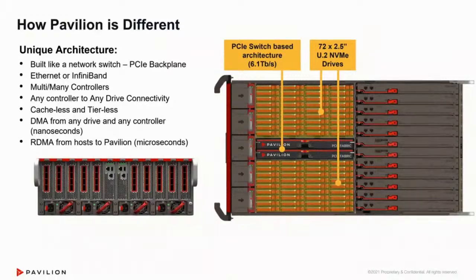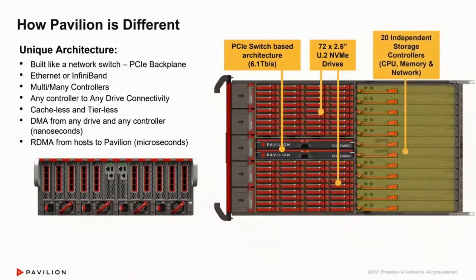But the next bottleneck then is the controllers. So Pavilion went about it in a very different way. Rather than a dual controller architecture, which is what the industry has standardized upon, we offer up to 20 storage controllers. You see the slots on the right-hand side, there are actually 10 line cards. Each line card has dual controllers in it. You don't have to buy them all at once.